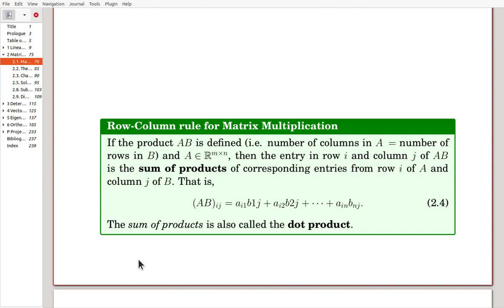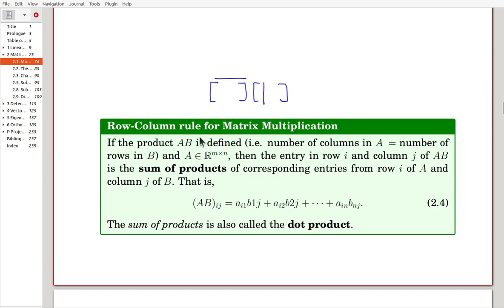Row column rule for matrix multiplication. If the product AB is defined, which means that the number of columns in A and the number of rows in B must be the same, then the product is defined.